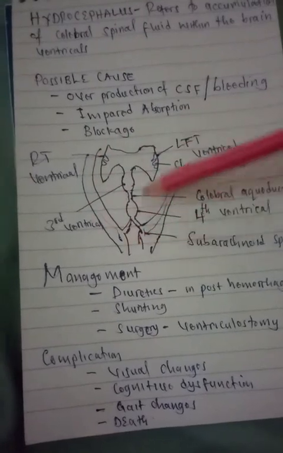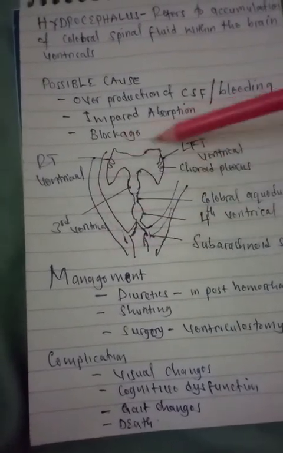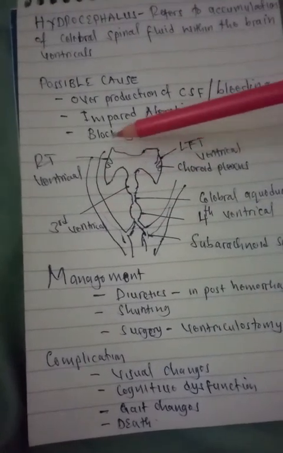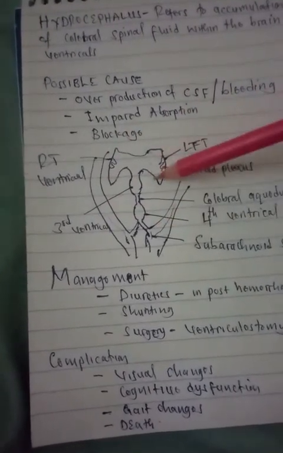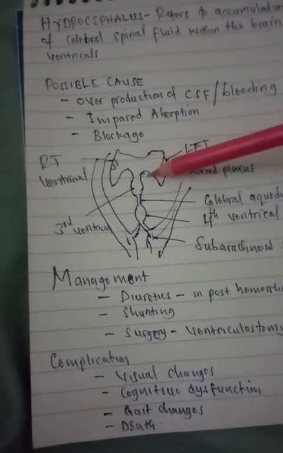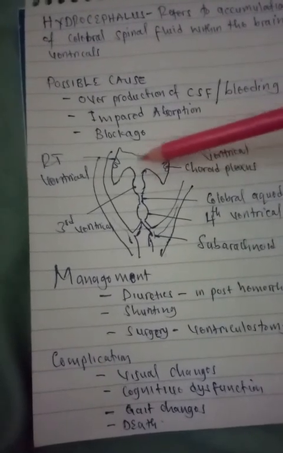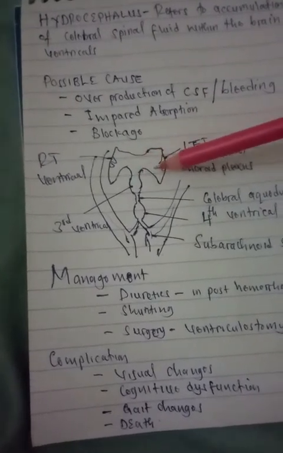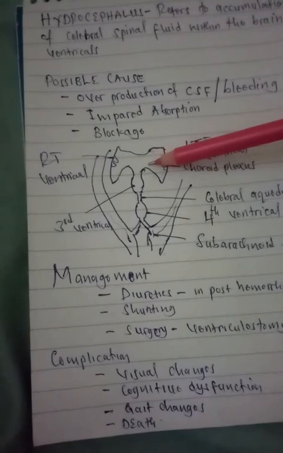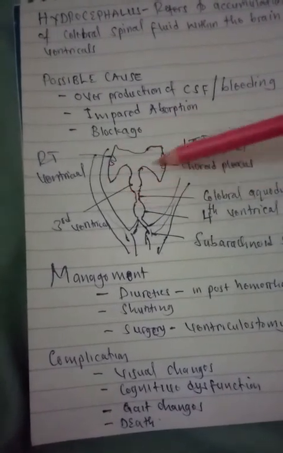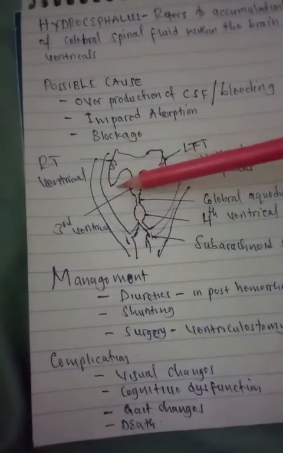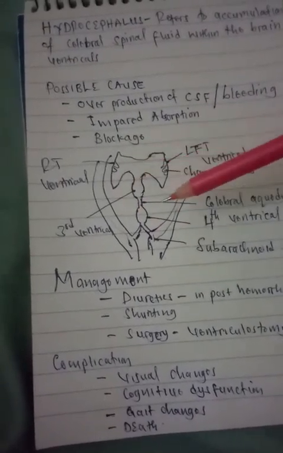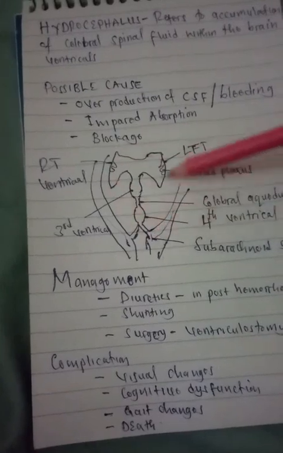Because the babies' skulls are not fused, the cranial sutures are still not fused. So if there is an increase of intracranial pressure due to accumulation of cerebrospinal fluid, this forces the skull of the baby to expand to accommodate the space within the cranium.